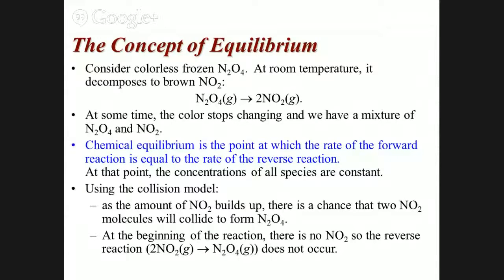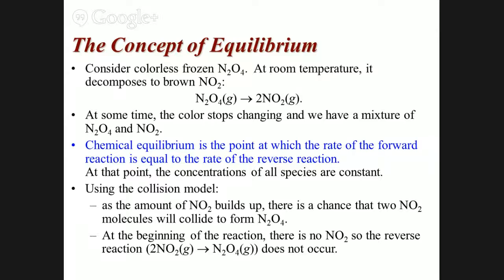At room temperature, it starts decomposing and basically turns into this brown NO2. You see the forward reaction with the arrow that's going towards the right. So N2O4, colorless, solid, frozen stuff, turns into this brown gas NO2.